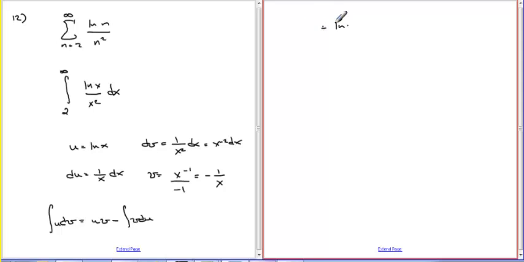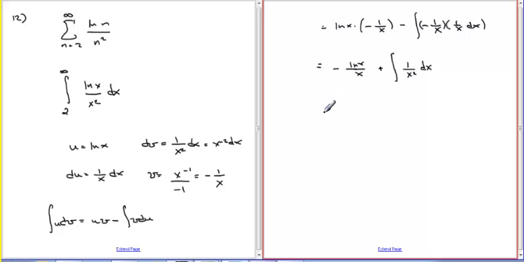So u is the natural log of x, v is negative 1 over x, and we subtract the integral of v, which is negative 1 over x, multiplied by du, which is 1 over x dx. So we get negative the natural log of x over x, and we get the positive integral of 1 over x squared dx.